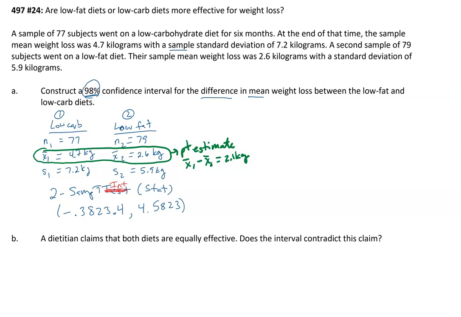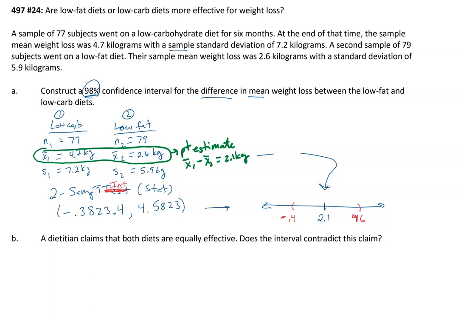So before we go to part B, let's just think about what we've just found. If we put this on a number line, our point estimate is right in the middle of what we just found. 2.1 is the middle of our interval. And then this interval goes all the way up to 4.6, let's say, and then down to negative 0.4 thereabouts. So notice how this has a negative number on the left and a positive number.